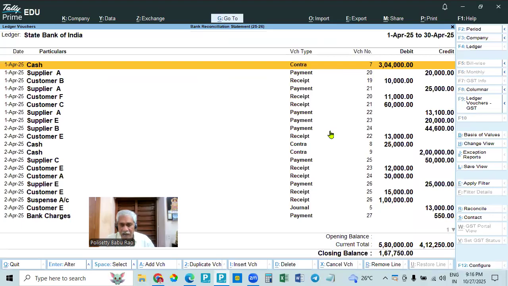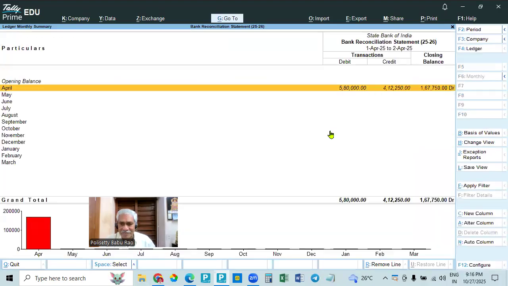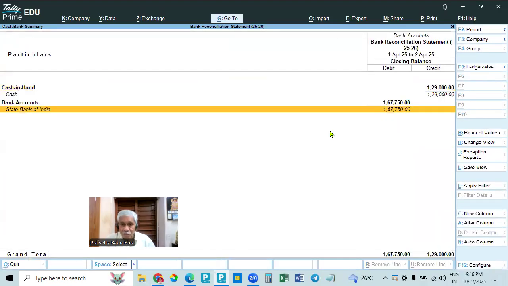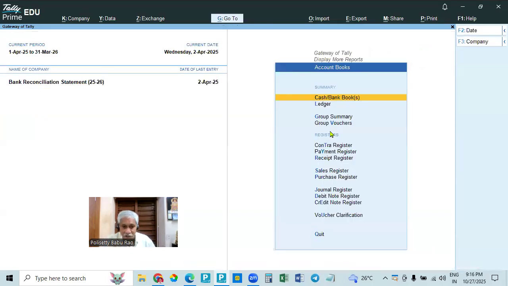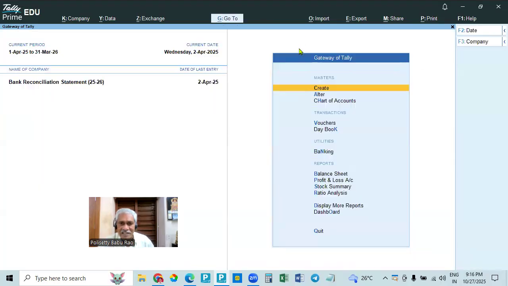Before making the entries, you see the statement in the beginning of the video. All these entries you make in your bank account, and compare this and work out. Okay. So this is the bank account statement.